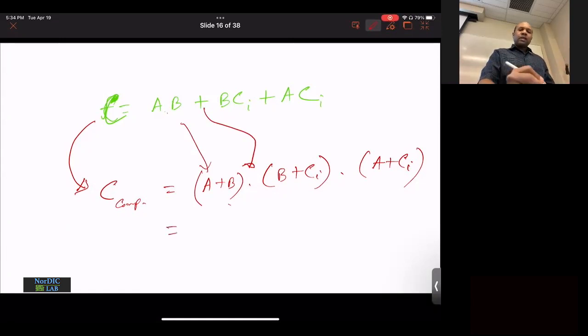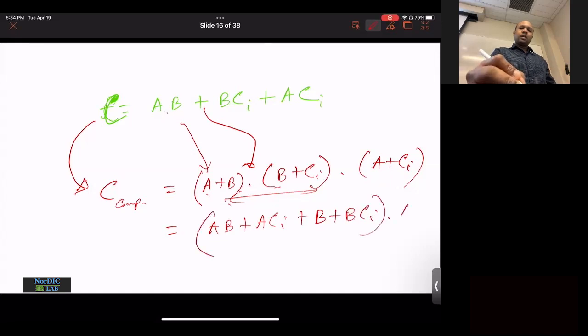Can we work on this math together, like in 30 seconds? Let's multiply these two. AB, ACI. B and B is just B. BCI times A plus CI.